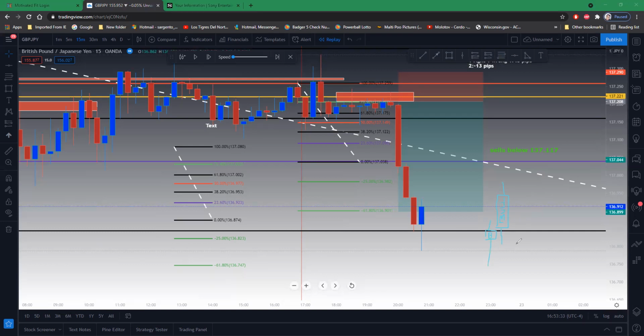Wait for a retest and only half of the candle for confirmation to go up. So the retest being like here and then entry right there.